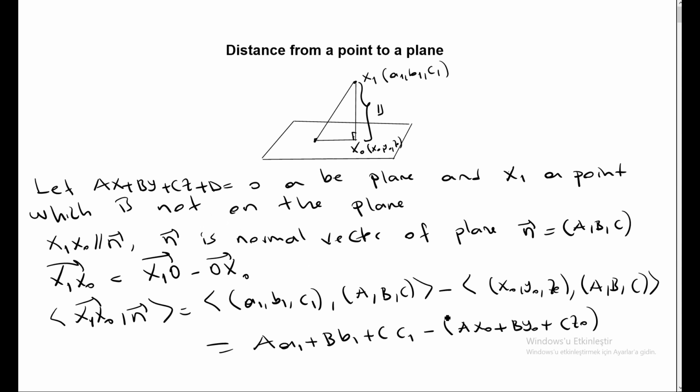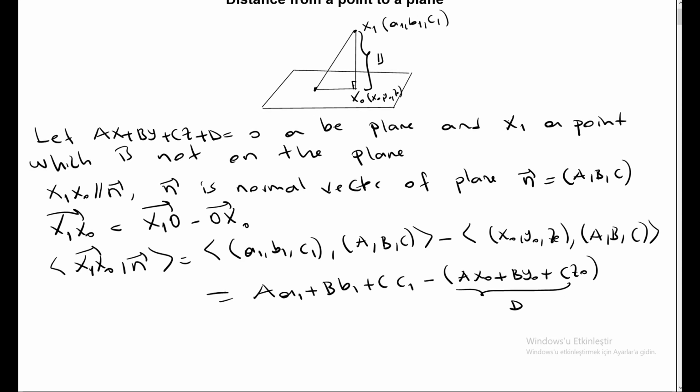If you look at this part, it is D, because the point satisfies the equation. So this will be D. Including this one, you have a times a1, b times b1, plus c times c1 plus d.